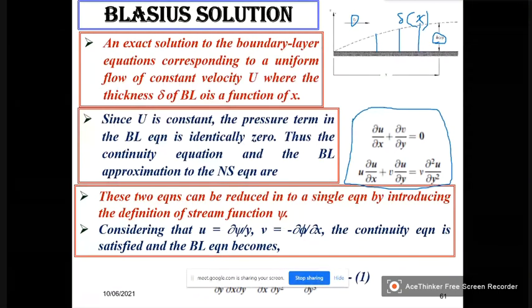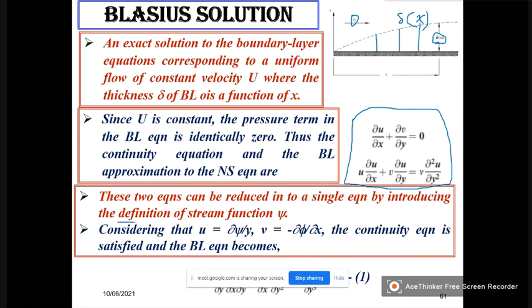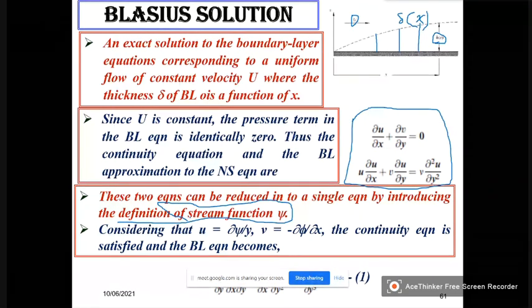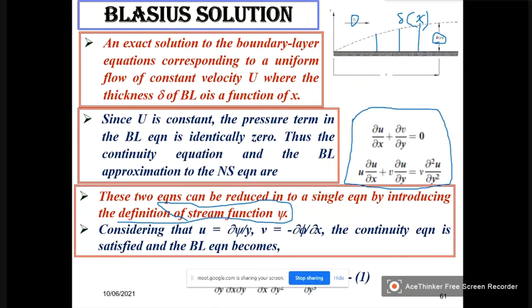Now what we do is we combine these two equations and use the definition of stream function. Now one point you may ask me. The stream function we have studied for potential flow, but actually stream function is not restricted to ideal fluid flow, because for ideal fluid flow, velocity potential is restricted.